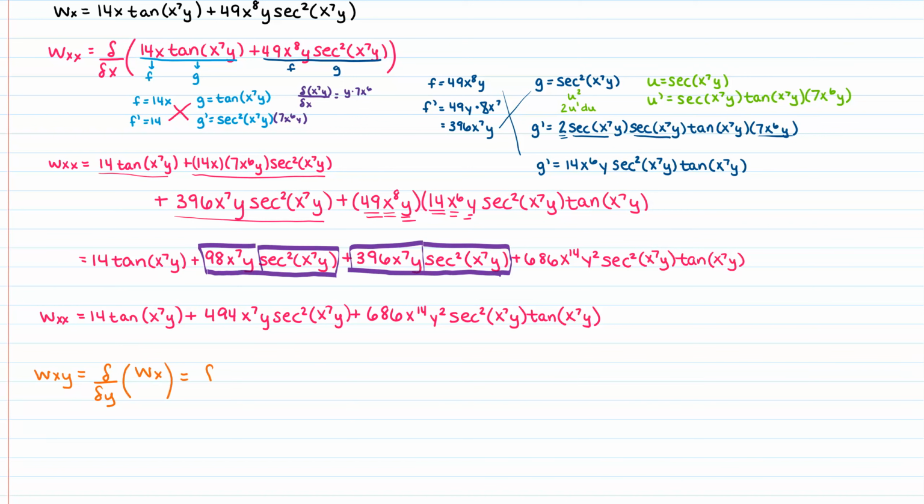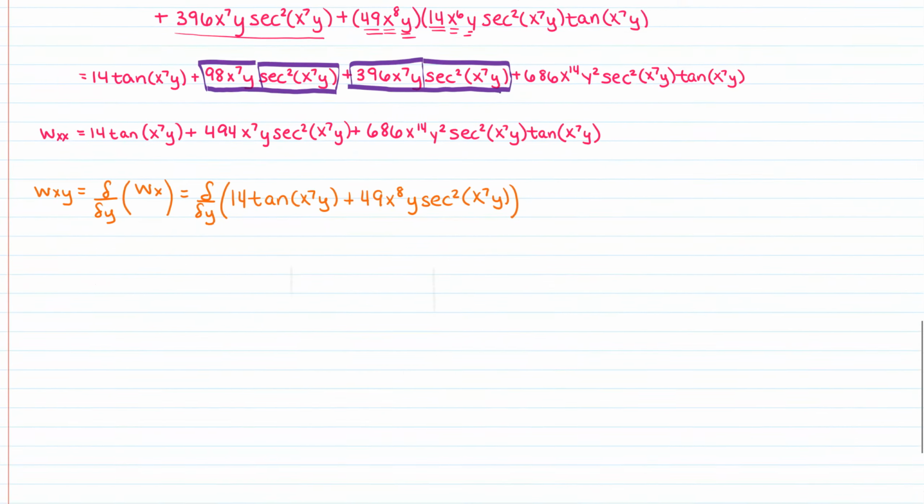So this would be the partial with respect to y of 14 tangent x to the 7th y plus 49 x to the 8th y secant squared x to the 7th y.